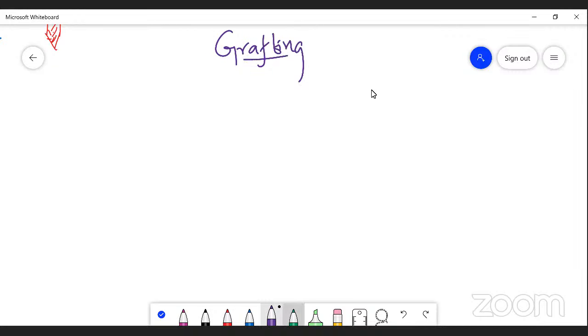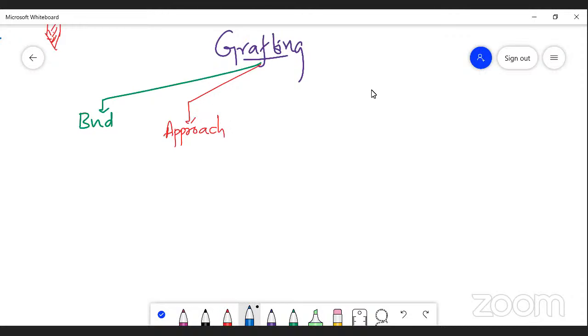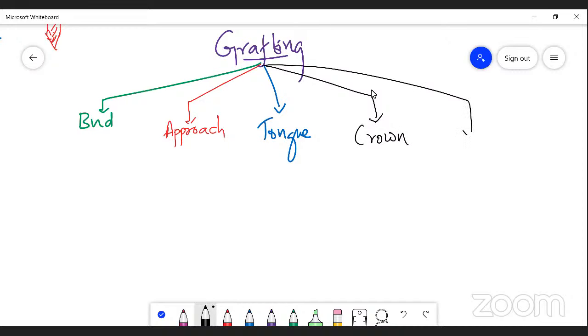The first category is bud grafting, the second type is approach grafting, the third type is tongue grafting, the fourth category is crown grafting, and the fifth type is wedge grafting.